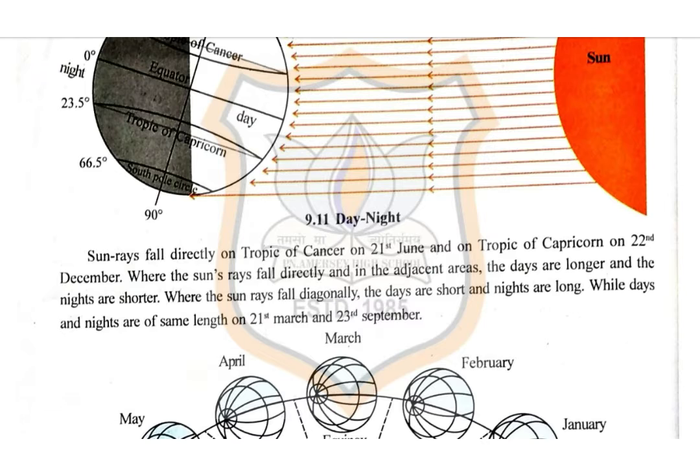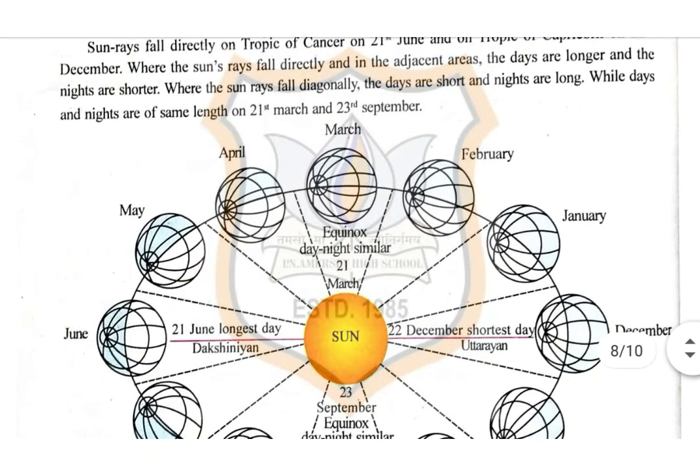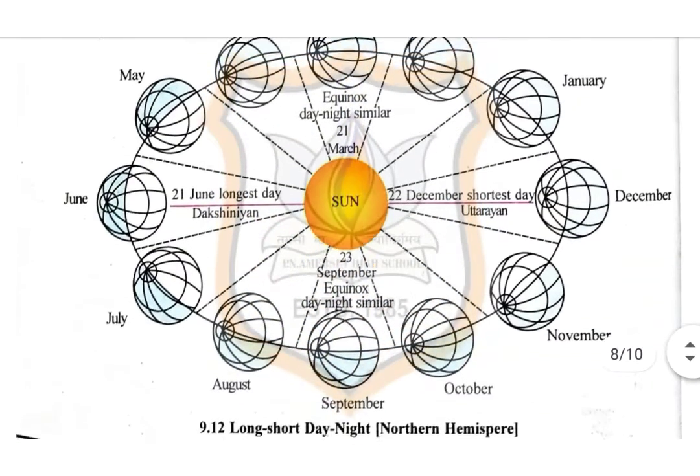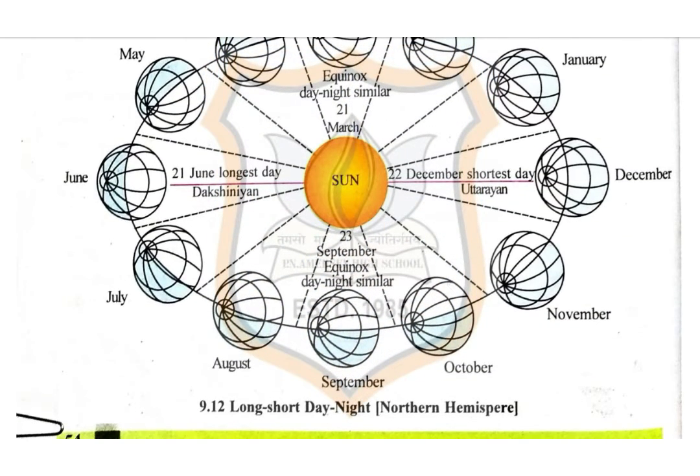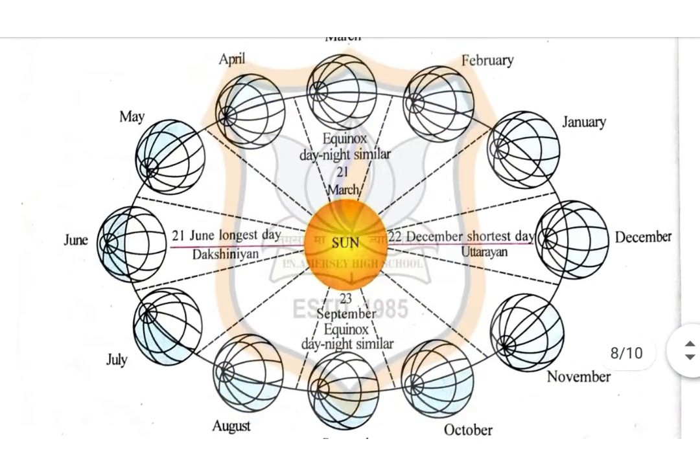Where the sun rays fall diagonally, the days are short and nights are long. Days and nights are of the same length on 21st March and on 23rd September. Children, you can see the picture of long, short, day, night, northern hemisphere.